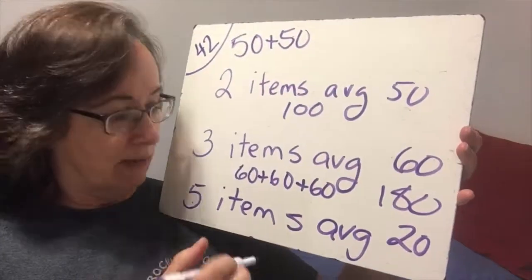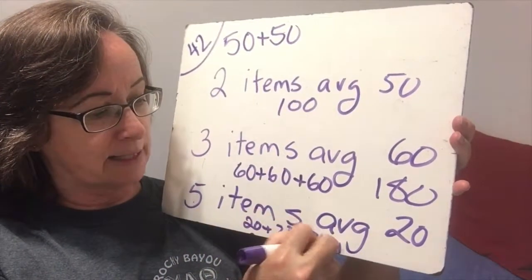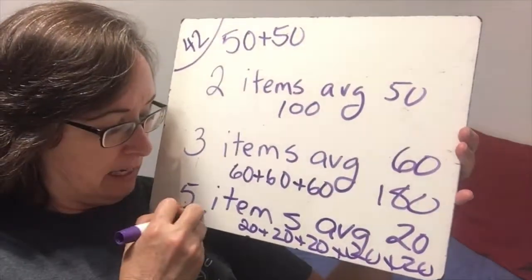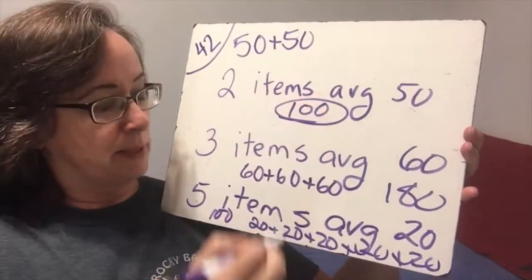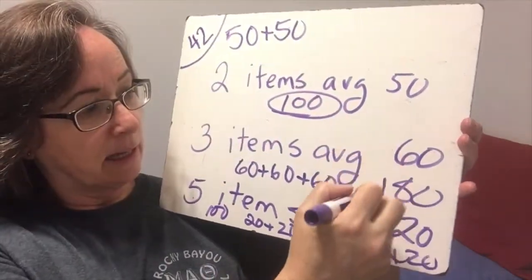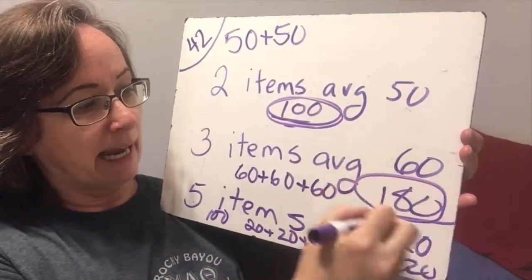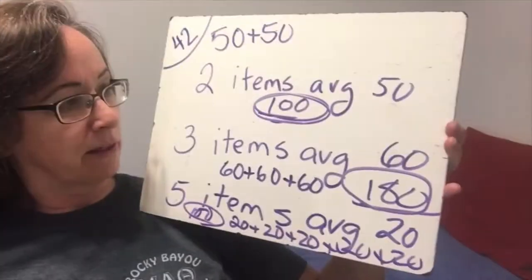So we can think of that as 20 plus 20 plus 20 plus 20 plus 20, and that is 100. Okay, so we have 100 count, and 180 as the second count, and a 100 as the third count.